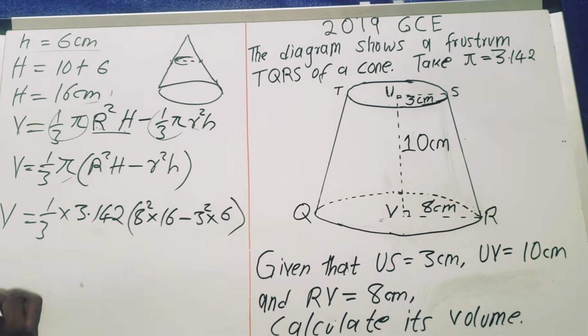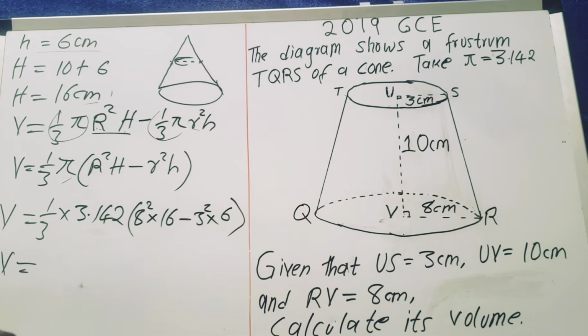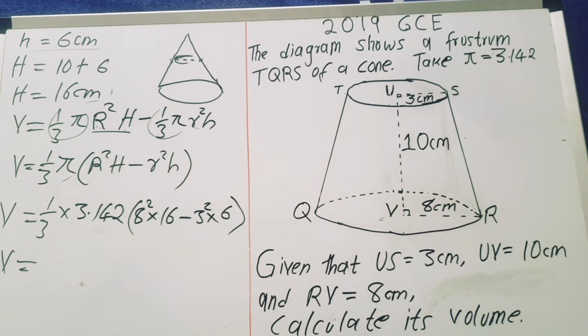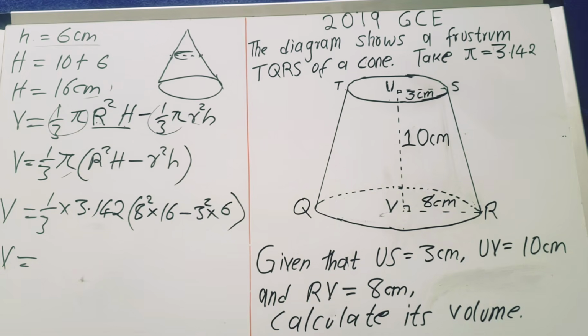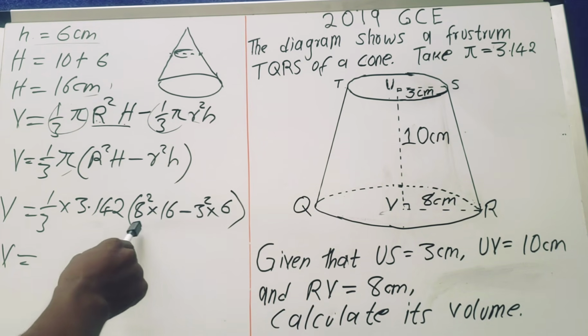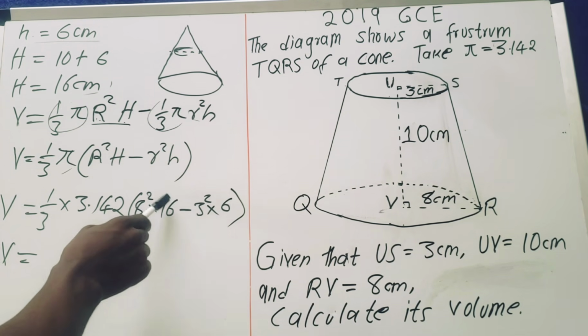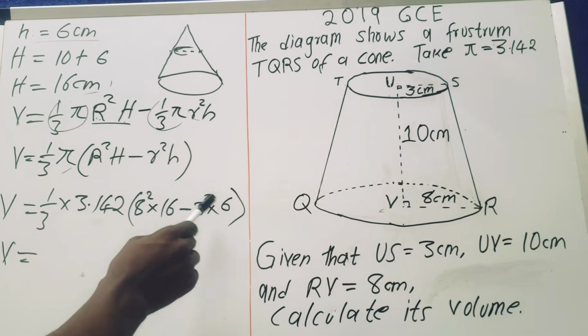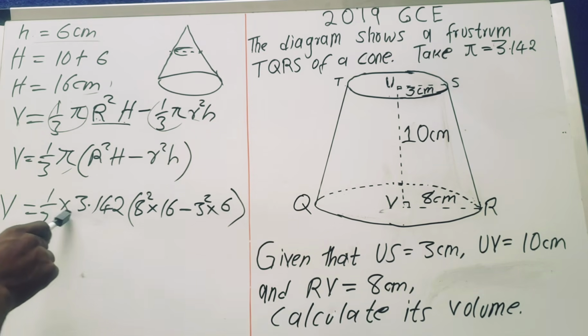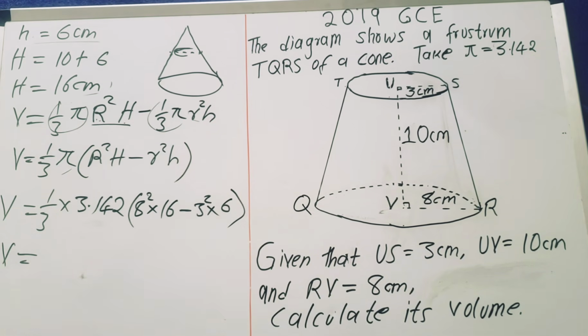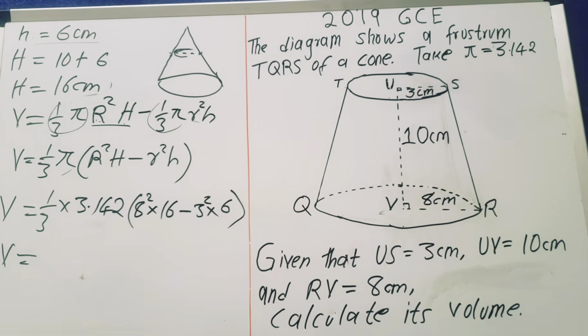From here, our volume is equal to, you just use your calculator to solve. Work out the brackets, then multiply with this, then divide by 3 at the end.